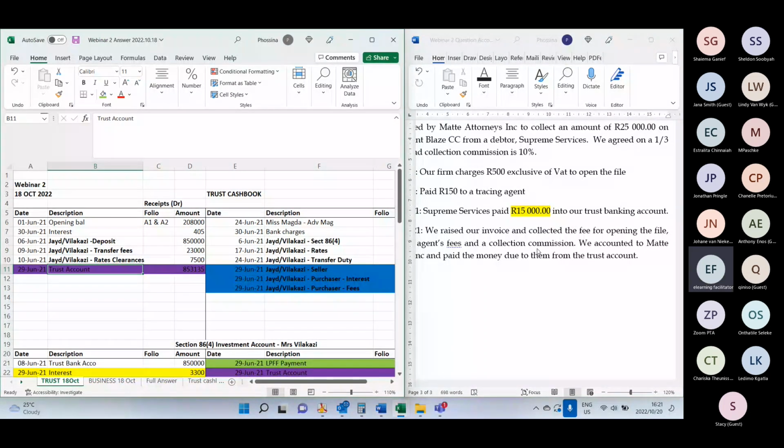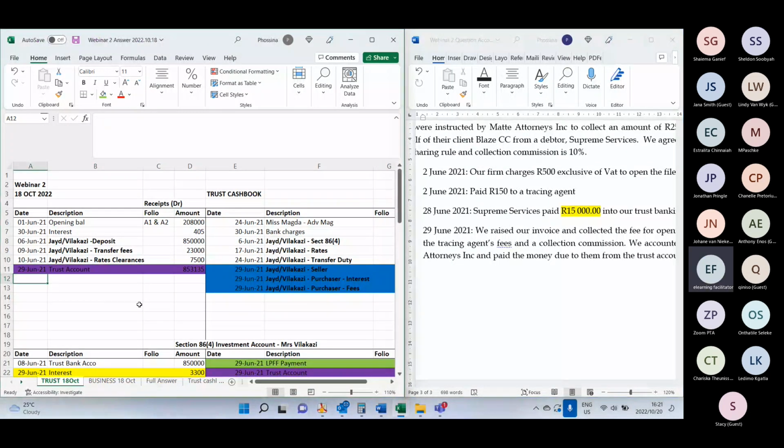So we come to 2021, and this matter is our correspondent, and it's Met attorneys. And the payment was made by Supreme.